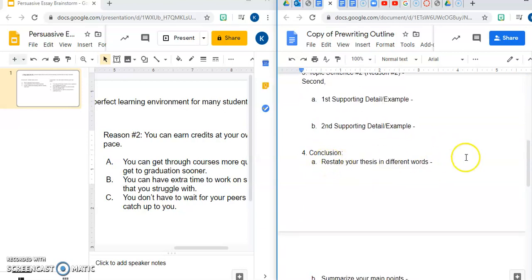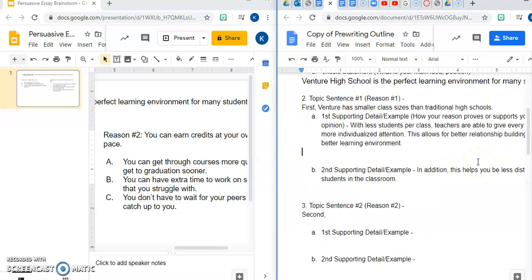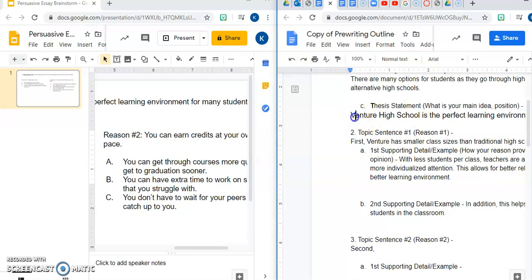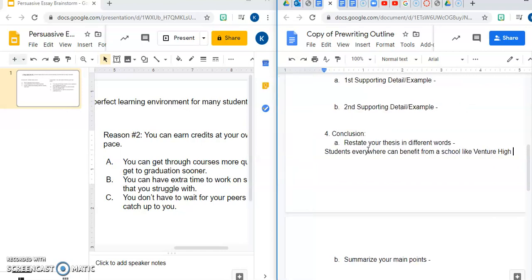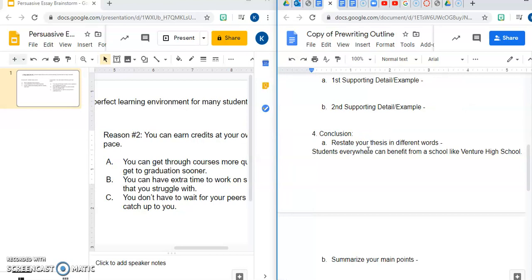Finally, you're going to come down to your conclusion. You're going to restate your thesis in different words. So come back up here. Here's your thesis sentence: Venture High School is a perfect learning environment for many students. You're going to just say that in different words. Students everywhere can benefit from a school like Venture High School. So that basically says the same thing I said before in that thesis, just in different words.